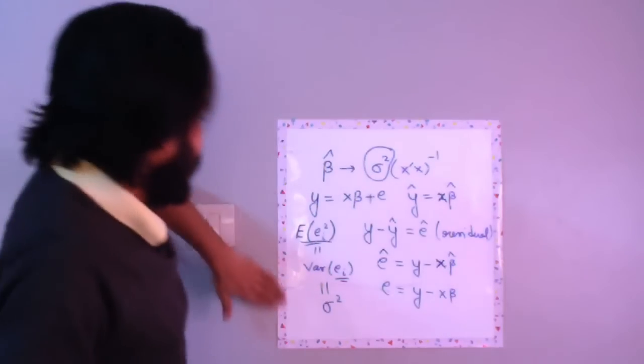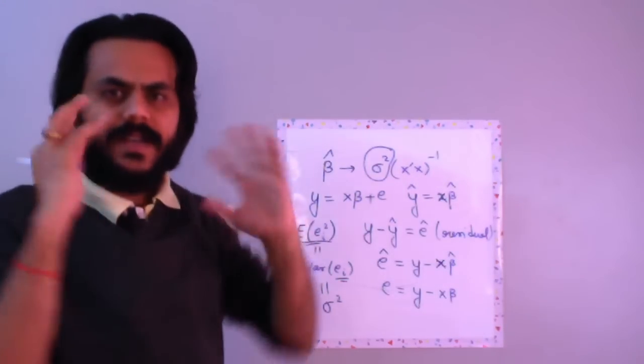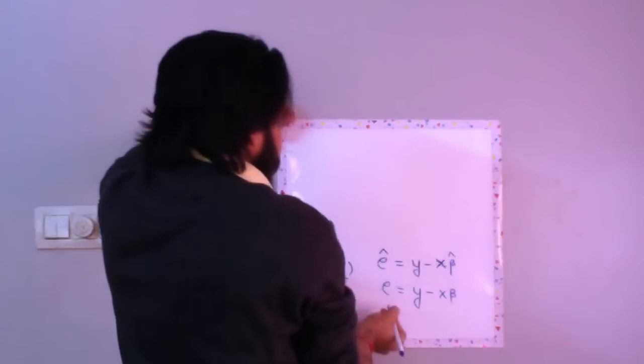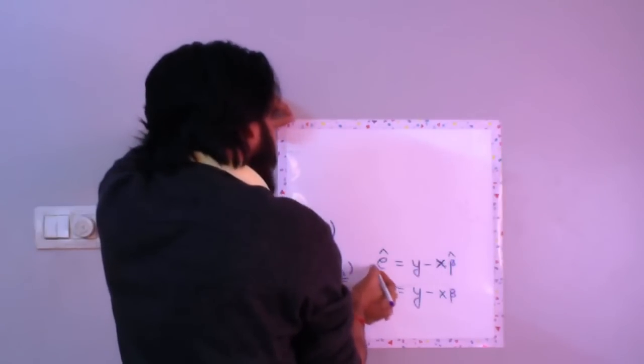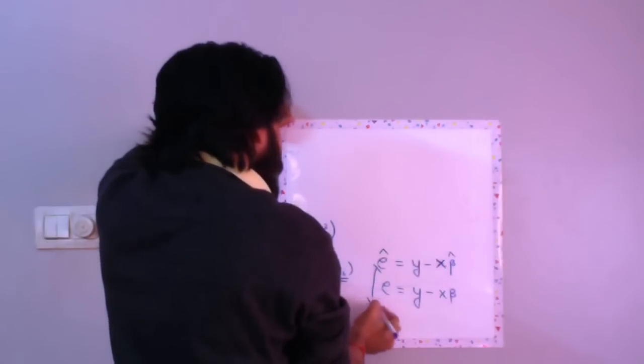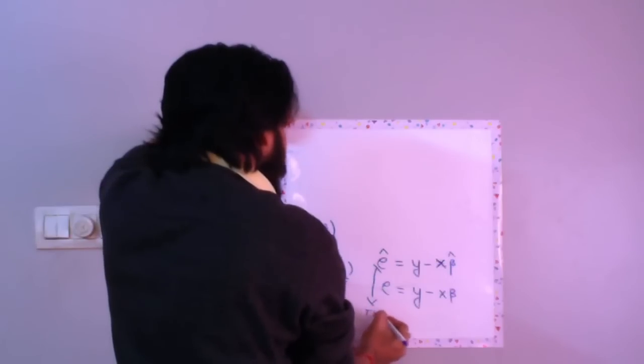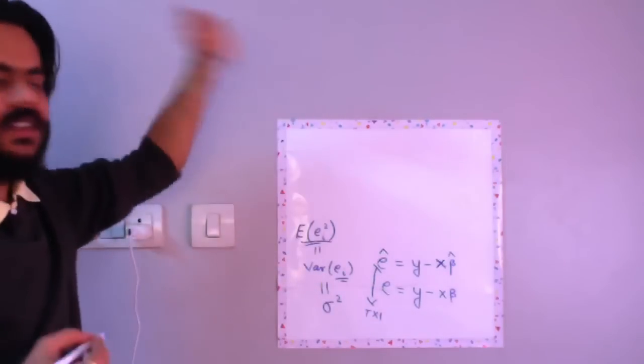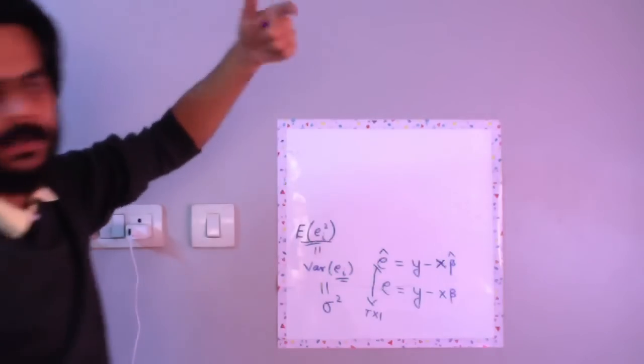So with this idea, let's move ahead and concretize these thoughts. We know that e hat will have a dimension of t cross 1, so e hat transpose will have a dimension of 1 cross t.